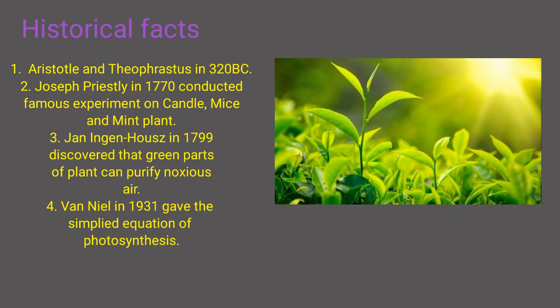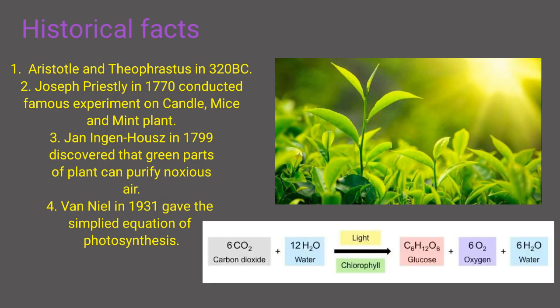And the whole equation of the photosynthetic process, that is 6CO2 plus 12H2O in the presence of light and chlorophyll produces glucose, 6 molecules of water and 6 molecules of oxygen, was put forward by Cornelius van Niel.